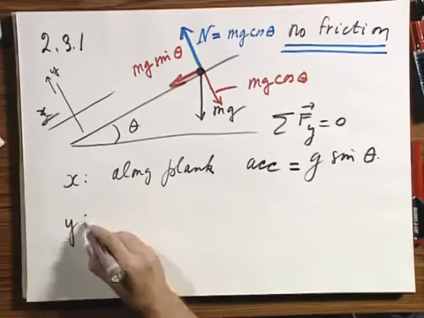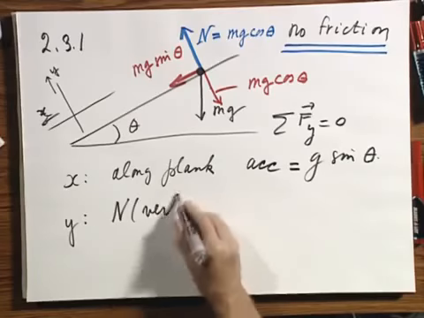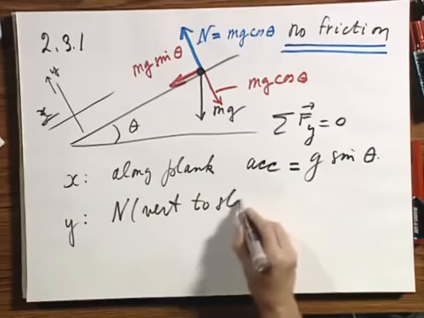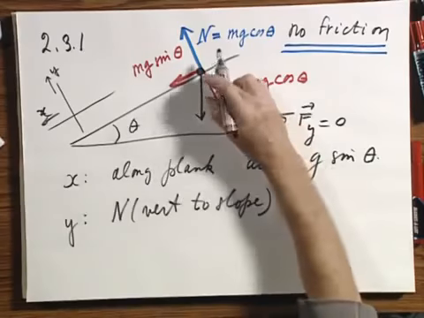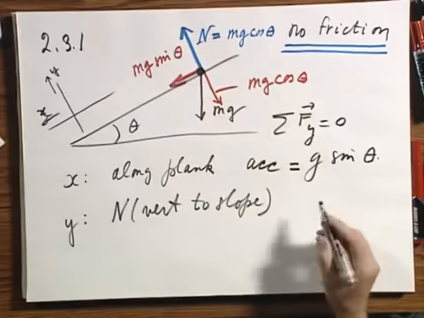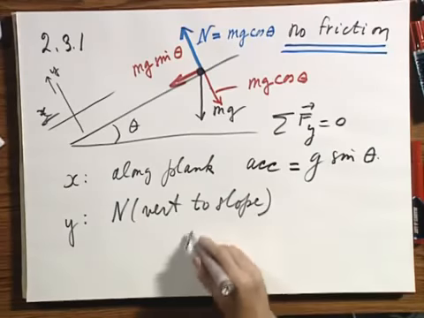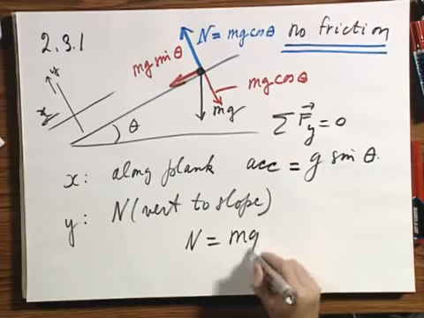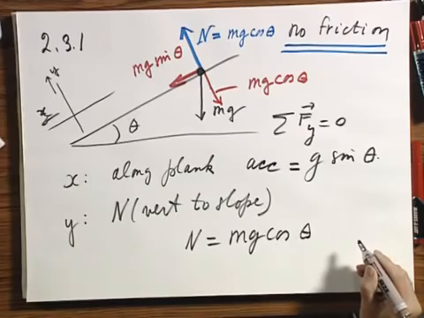In the y direction, n, which is vertical to the slope, it's the reaction force from the slope onto the object. We know that n equals mg times the cosine of theta.